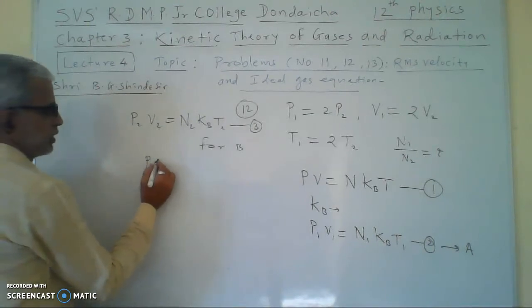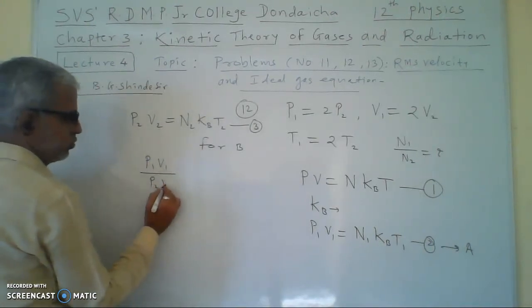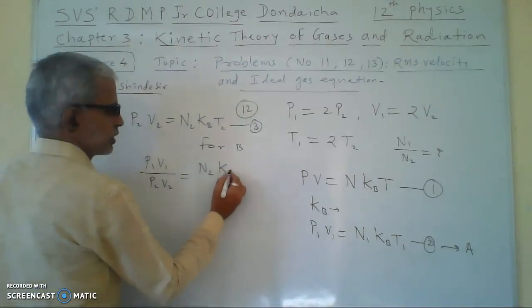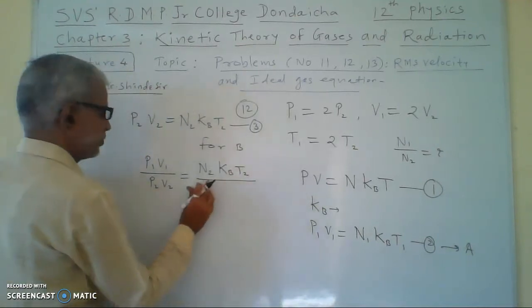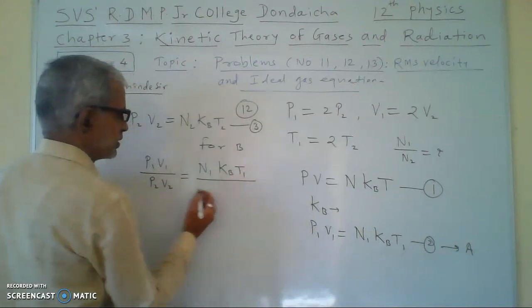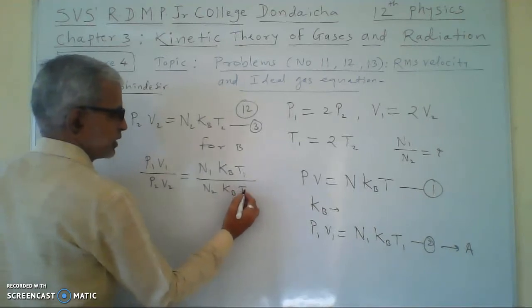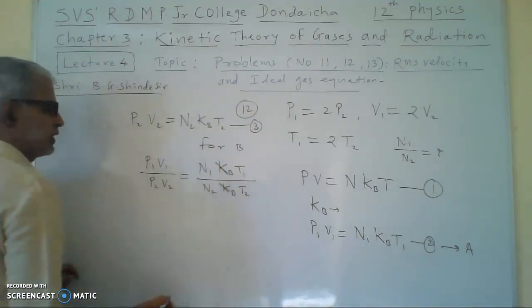So P1 V1 upon P2 V2 is equal to N1 Kb T1 divided by N2 Kb T2. Now here this Kb will cancel.